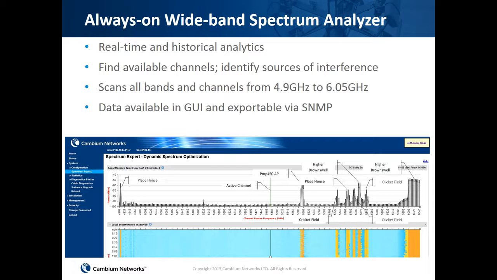You can move from 5.7 to maybe 5.8, which seems to be relatively low interference. This has a lot of applications, and you can also record this data and use it historically, so that you can see what trends there are, at what time I get the most interference, and how I can mitigate it going forward, so that it doesn't affect performance.